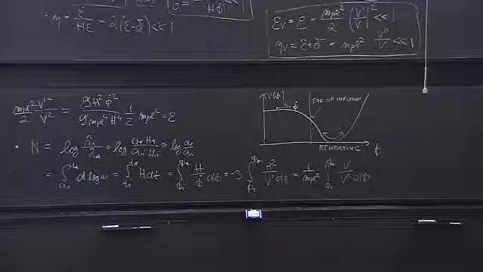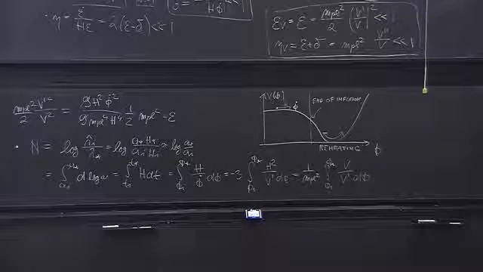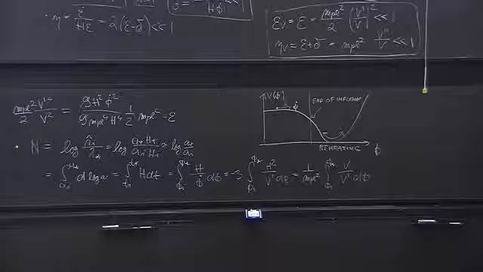If you have this potential, you can calculate what your epsilon_V and eta_V are. Of course, the theory is complete when you say what m is. So the first thing you calculate is epsilon_V, and you find that in this case it's actually equal to eta_V, which is 2 M_Planck squared over phi squared.